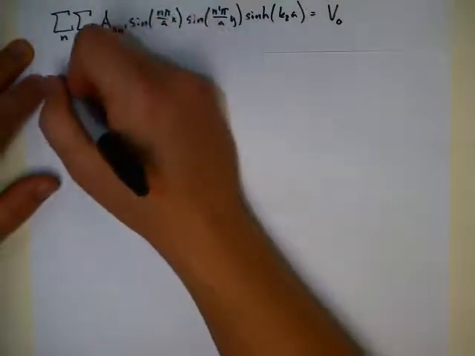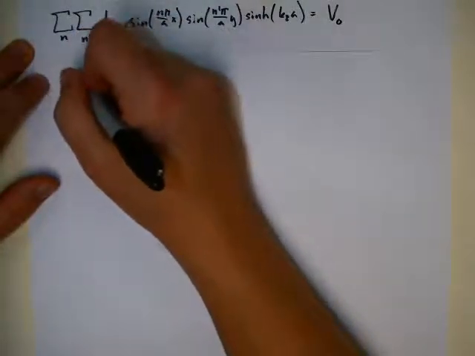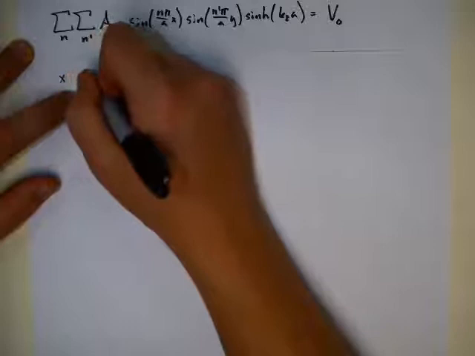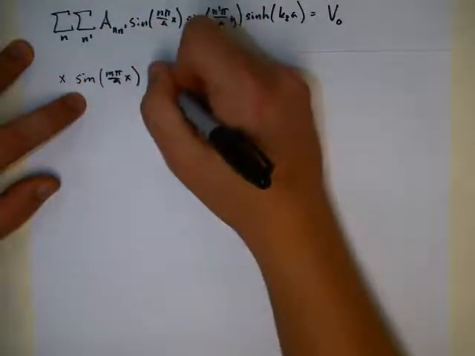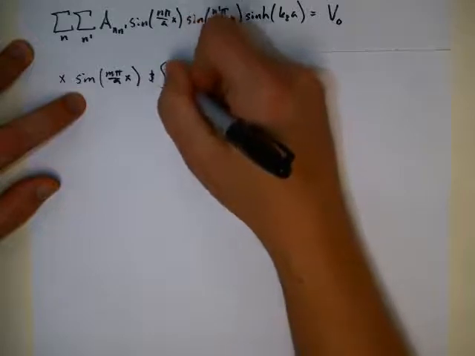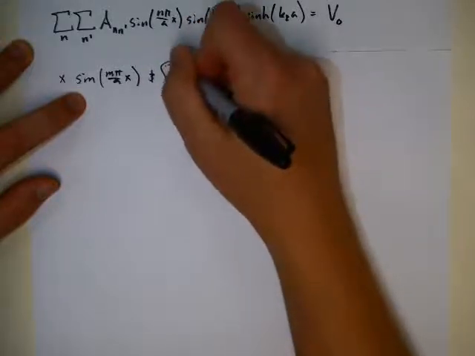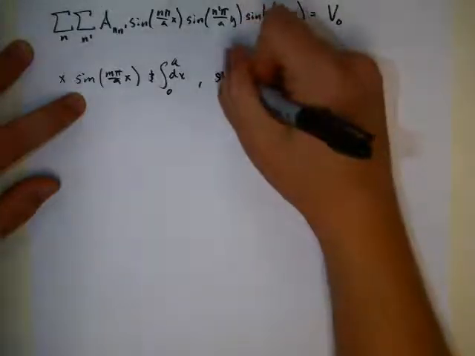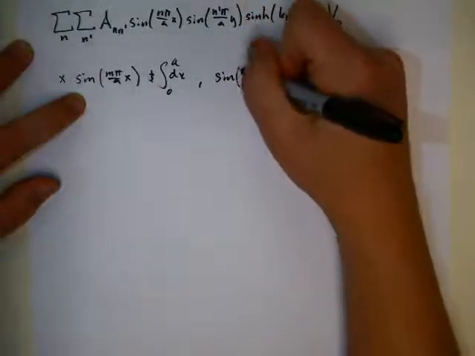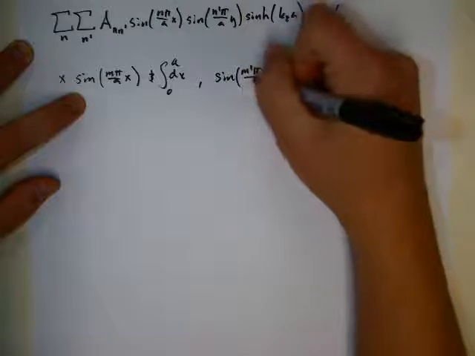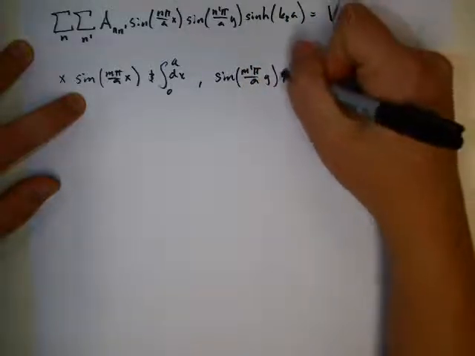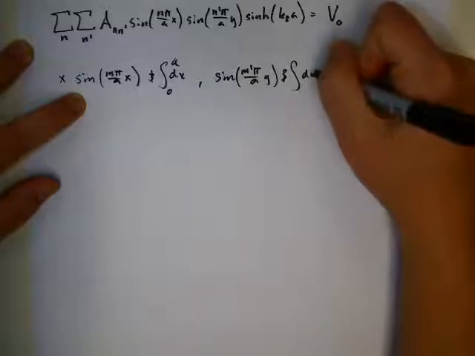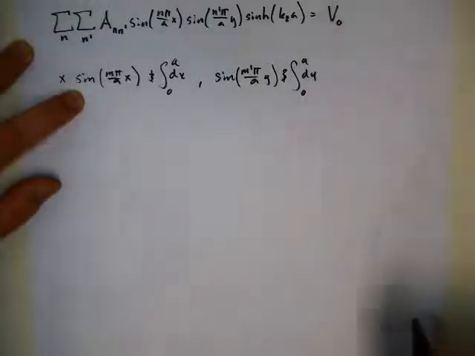And so that trick, if you remember, is we multiply by sine of m pi over a x, and then integrate dx from 0 to a. We're going to do that also with the sine of m prime pi over a y, and integrate dy from 0 to a.